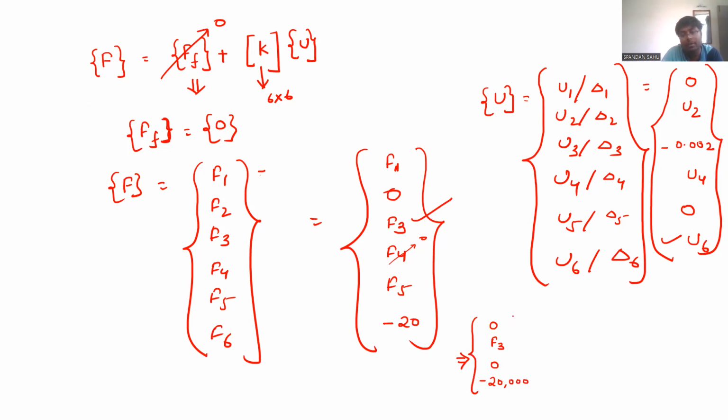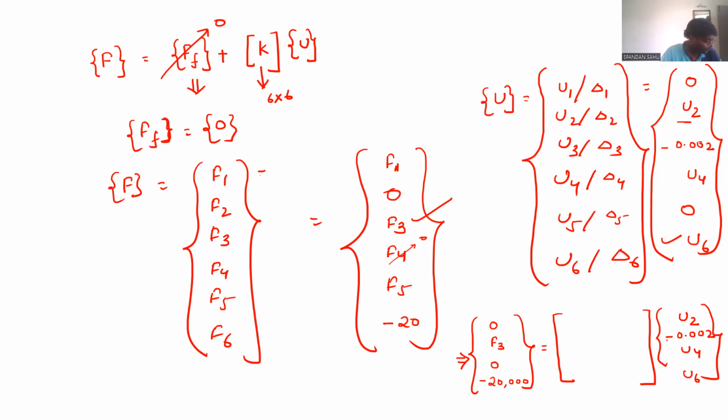Everything will be equal to the K matrix, and 0 is related to F2, so you have to take U2, then F3, then here it will come minus 0.002. F4 is 0, so U4 will come. Then you are taking minus 20, so it is corresponding to U6. Now, till this point it is all right.